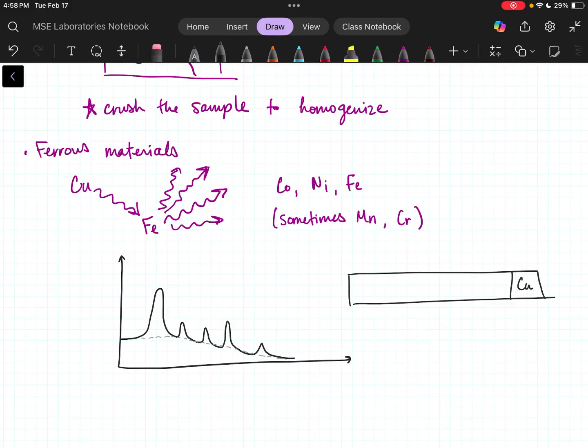The reason this happens is if we were to look at the periodic table, I have copper right here. Right before it is nickel. Right before nickel is cobalt. Right before that is iron.